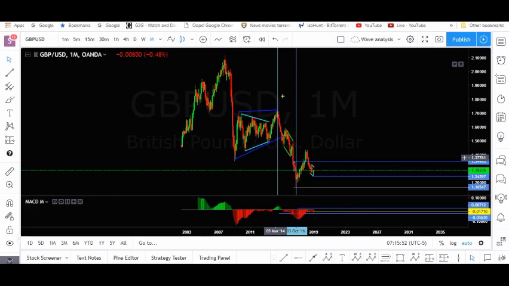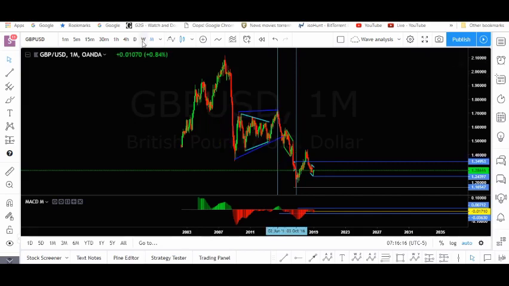So remember what I said, inside this monthly correction you're going to have two impulses. So if you go to a weekly, you'll see that there was your first impulse move, there was your second impulse move to complete this monthly regular flat, and then inside here you had your messy B wave.